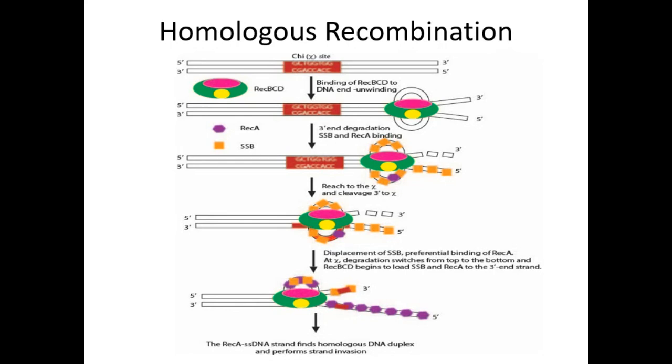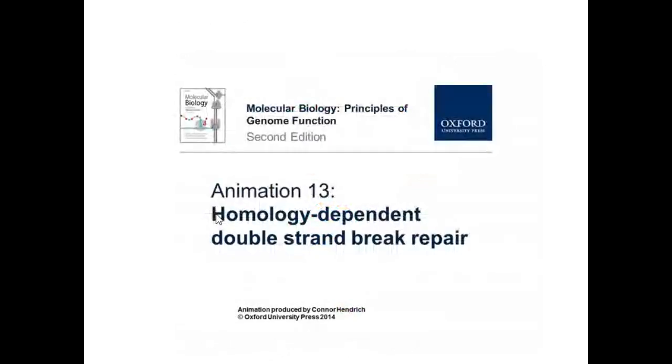And so they can have the recombination repair of that double-strand break. So those are two mechanisms for the double-strand break. Okay, so that'll be it for chapter 2. Any questions?